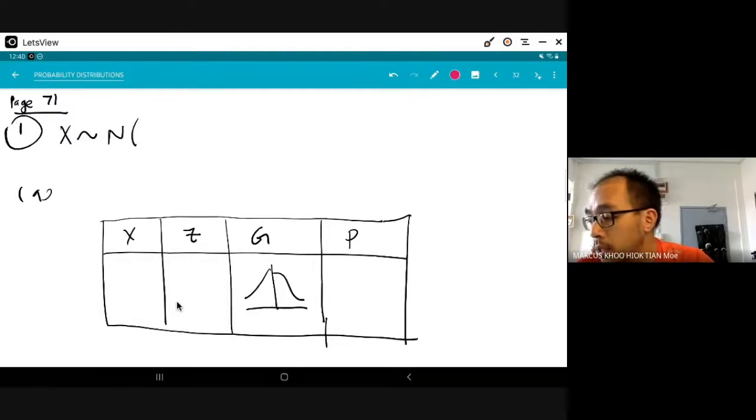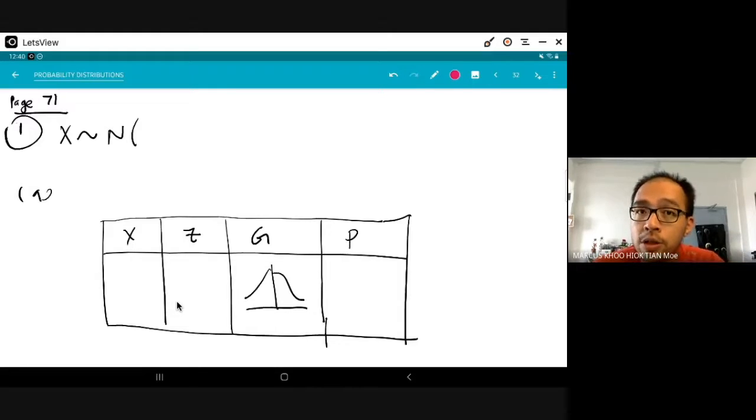Okay, so the question is, the masses of catfish from a lake are normally distributed with a mean of 900 and a standard deviation of 30. First thing is, how do you know whether this question involves binomial distribution or normal distribution? Any question that involves normal distribution must mention the words normally distributed.